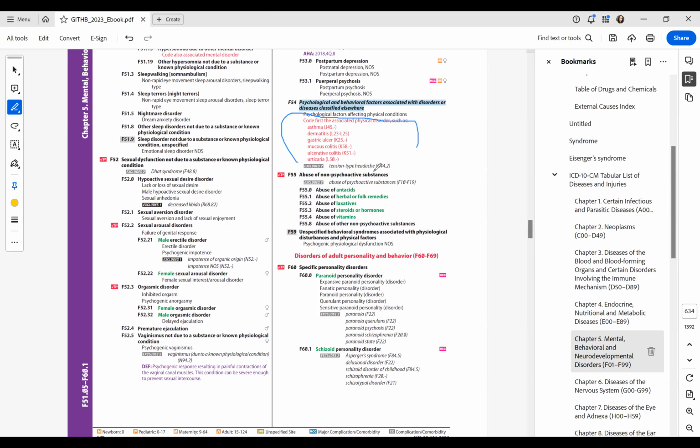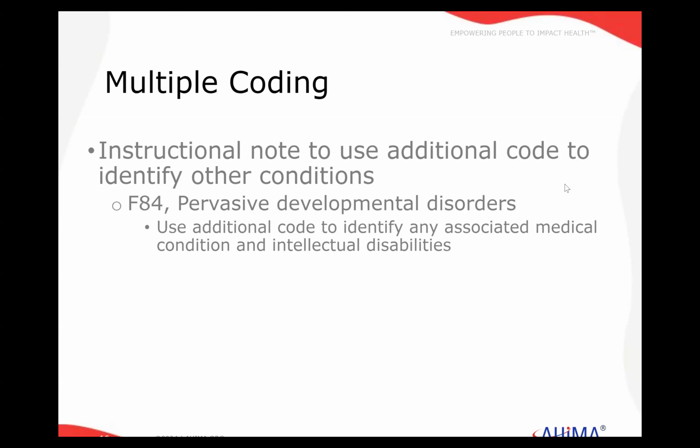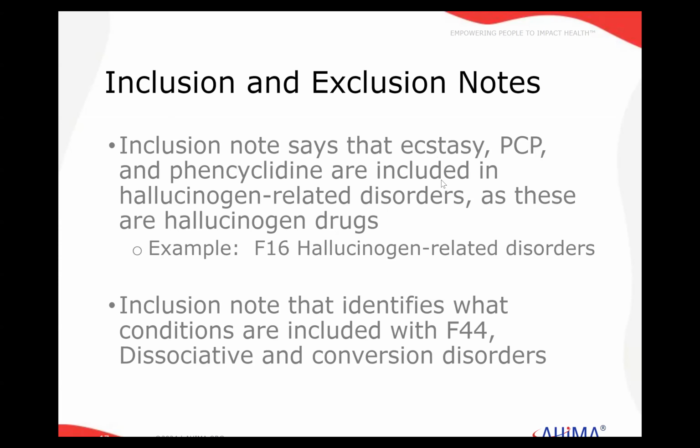Code first associated physical disorder, the asthma, dermatitis, gastric ulcer, colitis, ulcerative colitis, etc. And I'm just going to skip over F84. I think you get the general idea of this, that there'll be notes throughout this chapter to apply additional codes if they're documented.